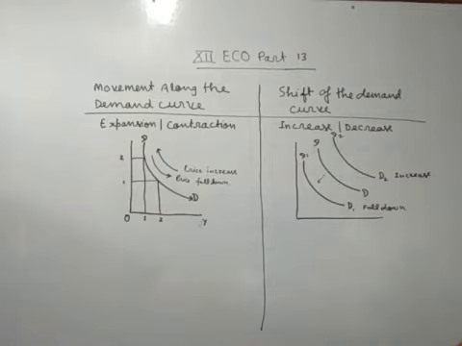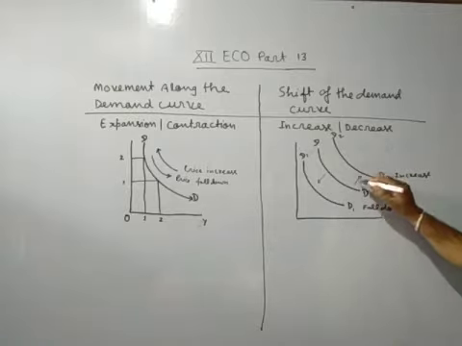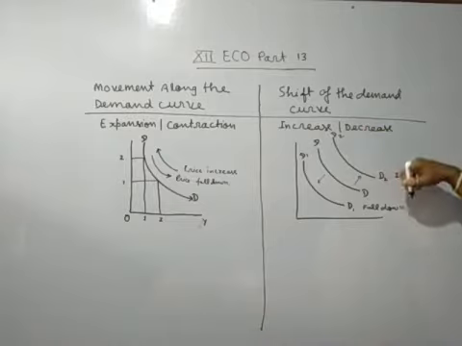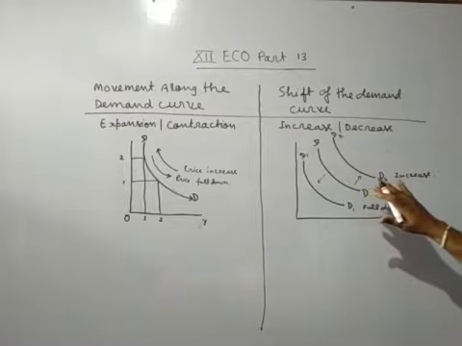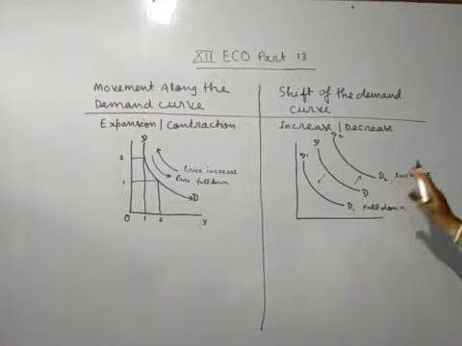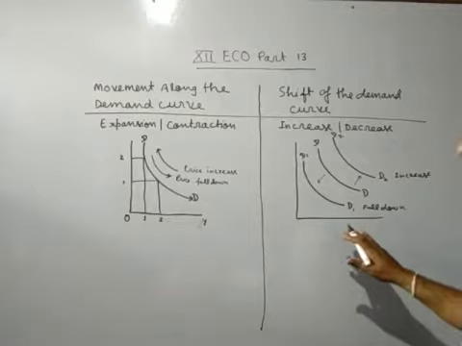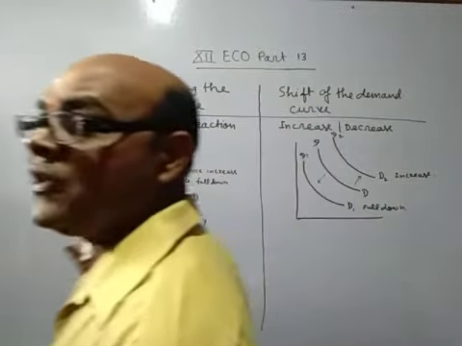Or if the demand increases, a new demand curve D2 will be created on the right hand side. So you are seeing here a new demand curve is created, but in the other case the effect is on the same demand curve.